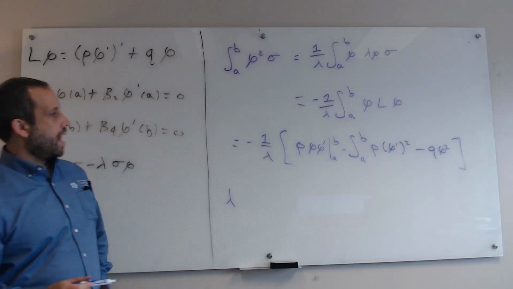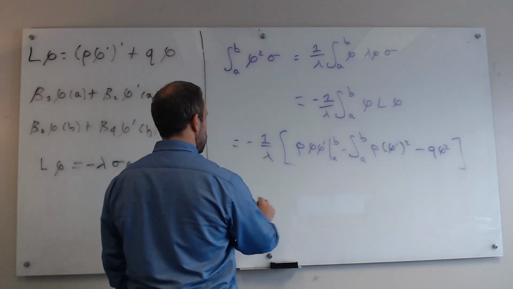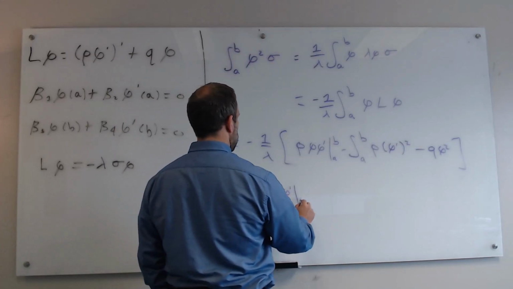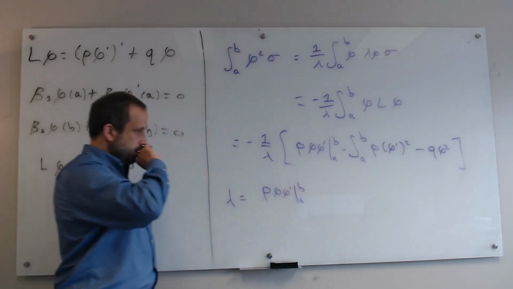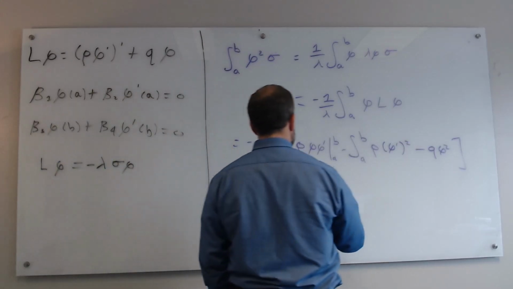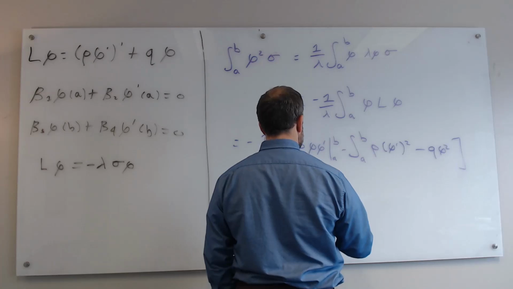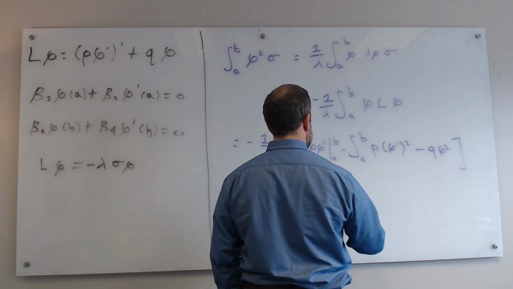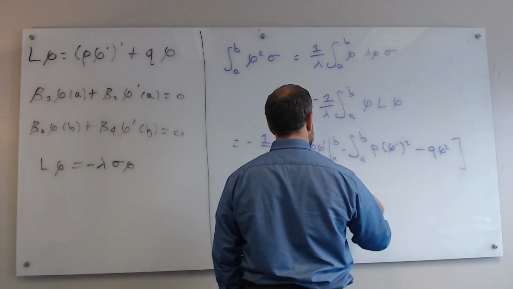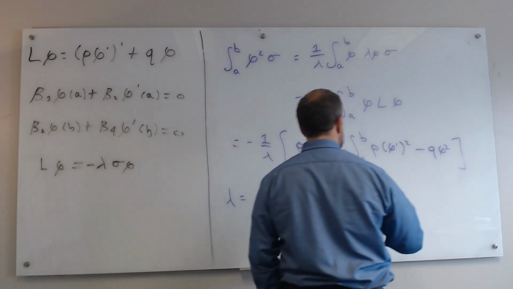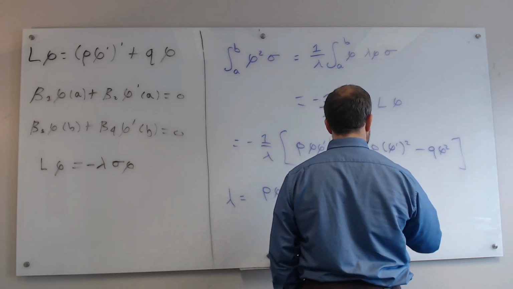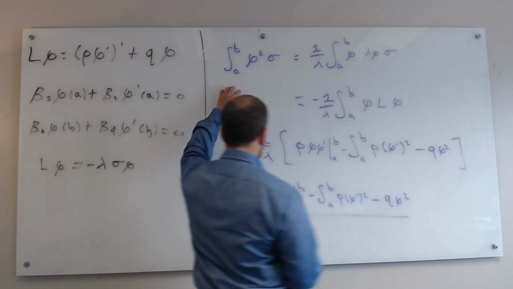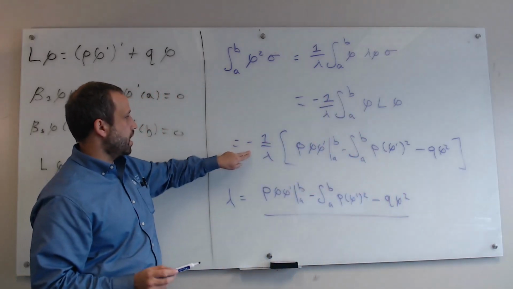So now if I look at this, I can solve this for lambda. And when I do that, I get that lambda is equal to p phi prime phi, integrating from a to b, minus the integral from a to b of p phi prime squared minus q phi squared.